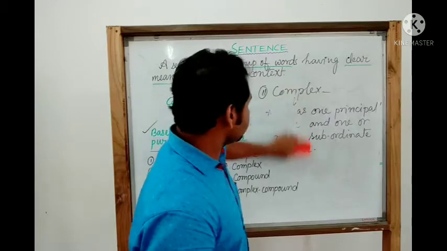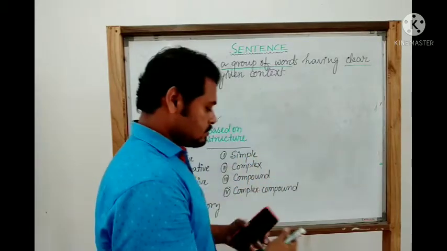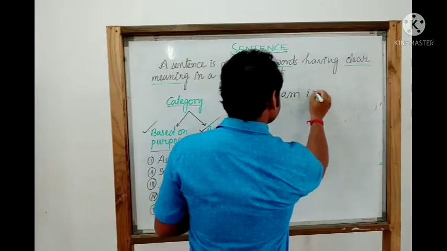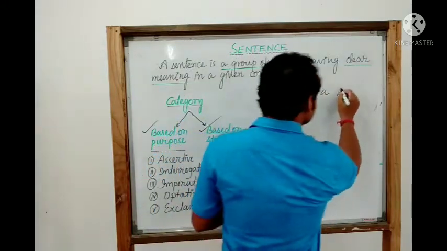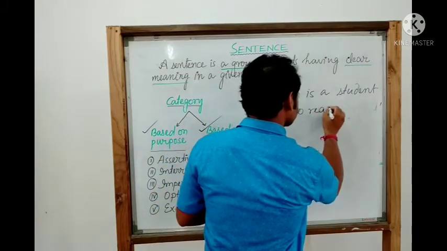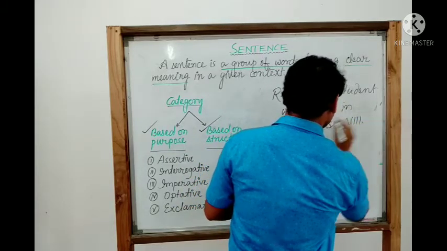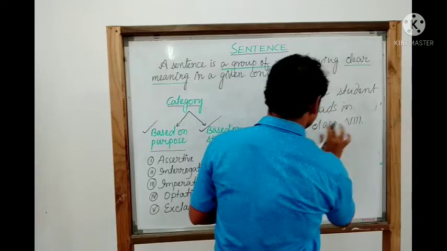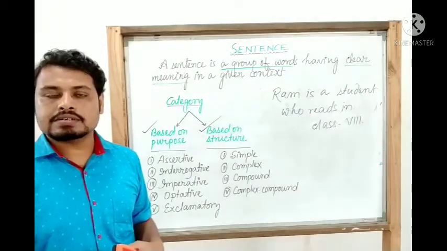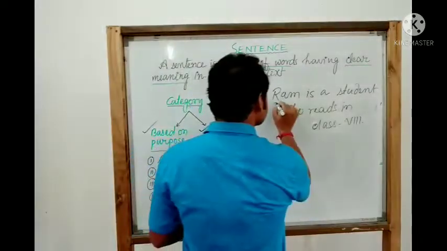So let us take an example of a complex sentence. Ram is a student who reads in class 8. Let us have a look at this sentence. Ram is a student.